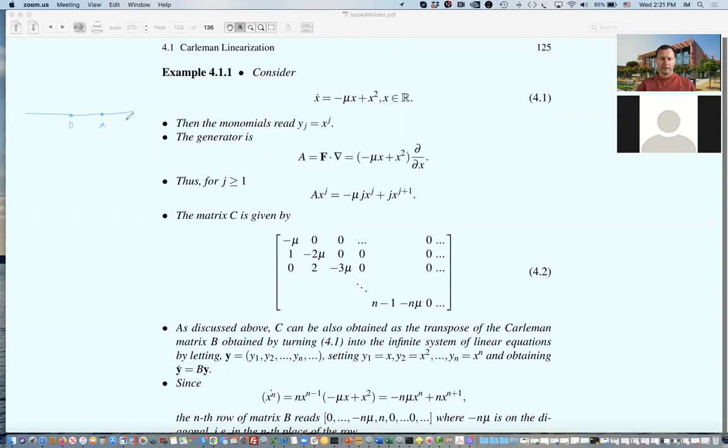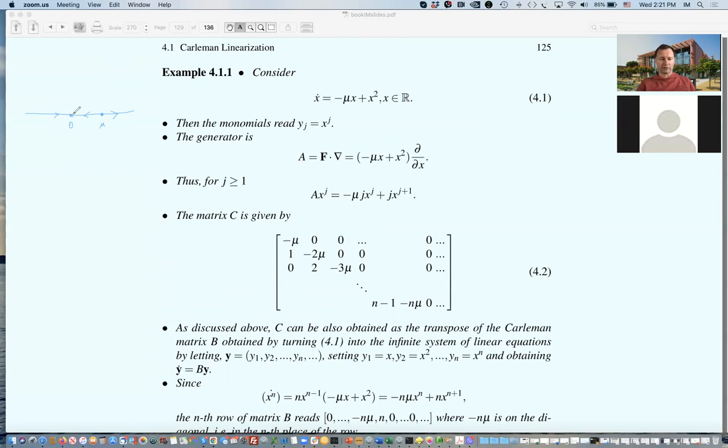The fixed point at 0, if mu is positive, like it is in this plot, is stable, and the fixed point at mu is unstable. Clearly, this system has more than one equilibrium.